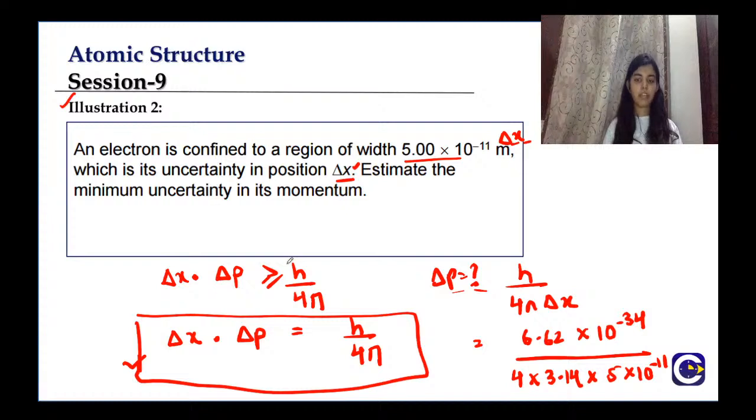You just need to calculate this particular thing. Values I have substituted. Just do the calculation part and let me know the answer.